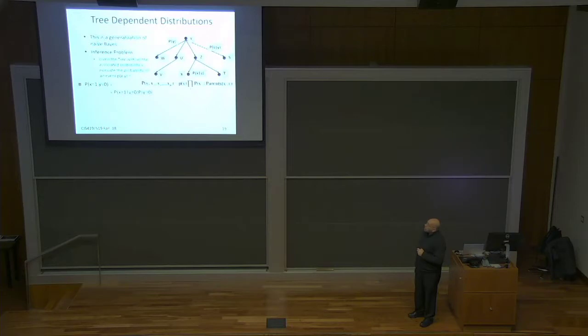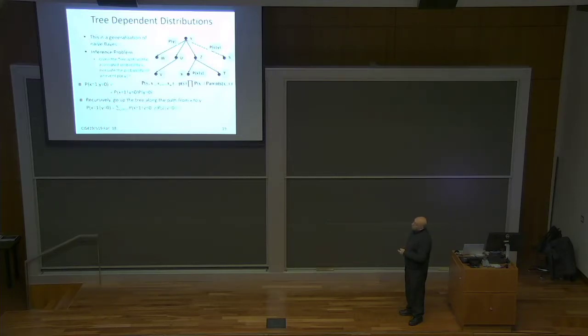So P of X being 1 and Y being 0 is P of X given Y times P of Y. That's always true. And then recursively, I'm going to go up the tree. I always have a path from X to Y. It's a tree, so I'm going to climb up this path. And I know that along this path, all the conditional probabilities are known. So everything is going to be OK.